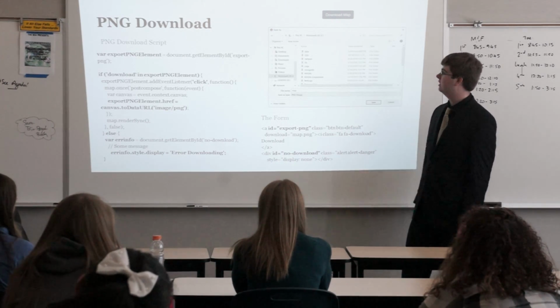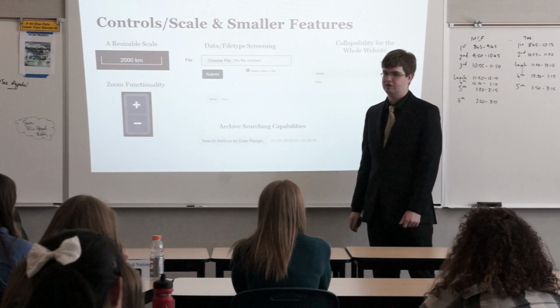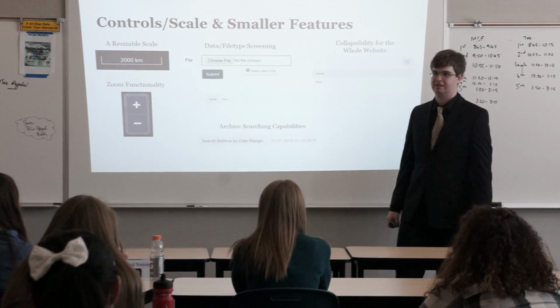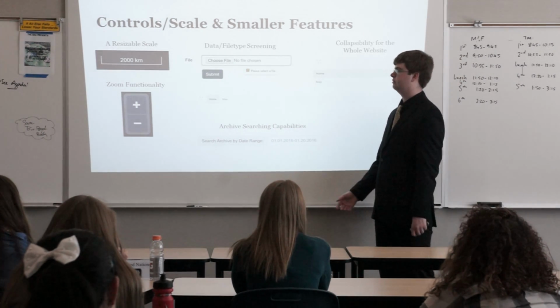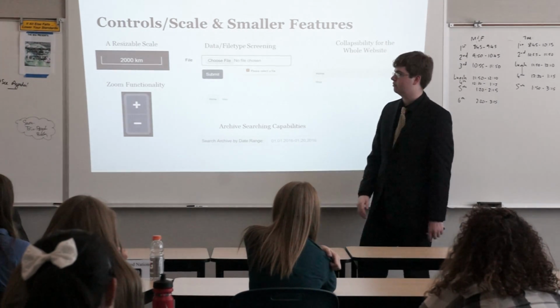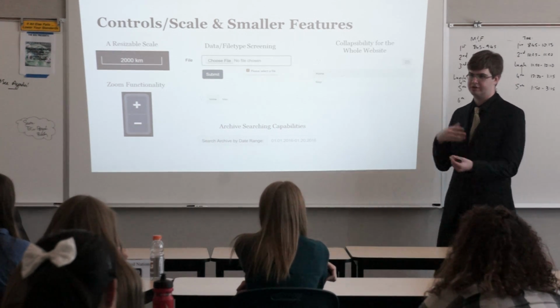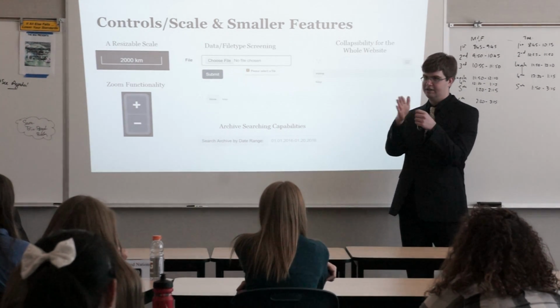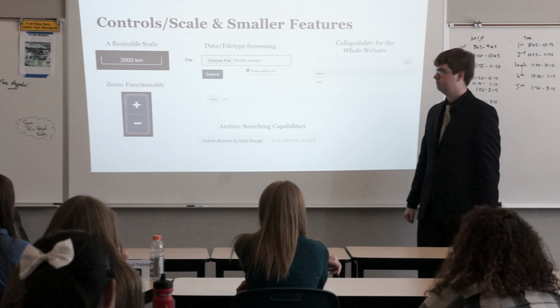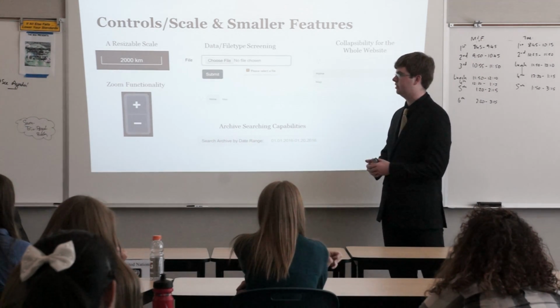In the end, this website was only like 700 lines of code, so it was pretty simple. Other features that I have on the website: I have a resizable scale, so it scales the map, so you can zoom in and out, and it'll shrink and expand to be the right kilometer per whatever unit area.